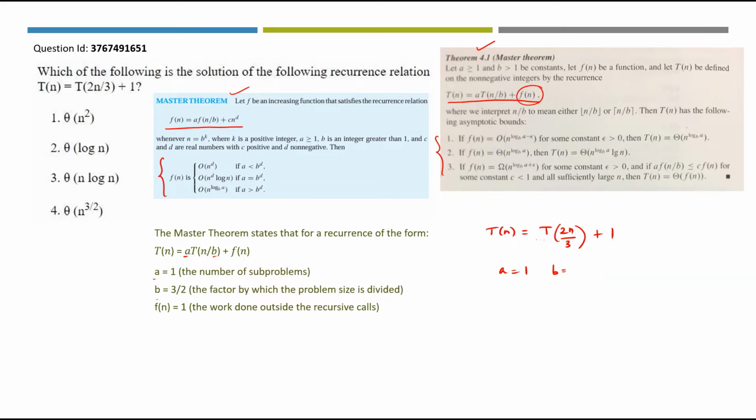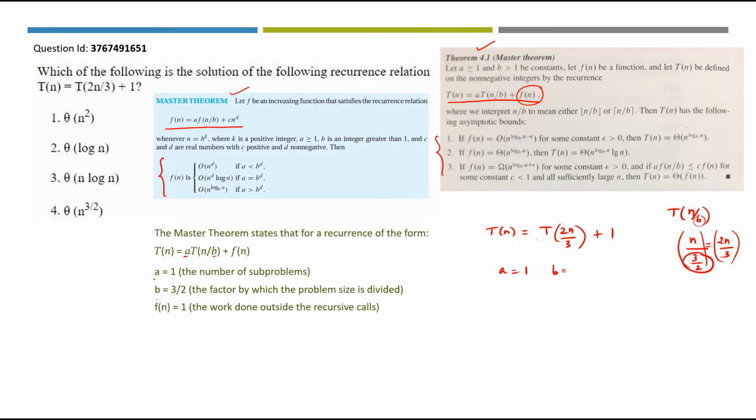In the general form it is given as T(n/b), so b is in the denominator. When you have a fraction in the denominator, the fraction will go to the numerator. Say for example, if you have n divided by 3/2, this can be written as 2n/3. So you have to understand this form is rewritten in this way.